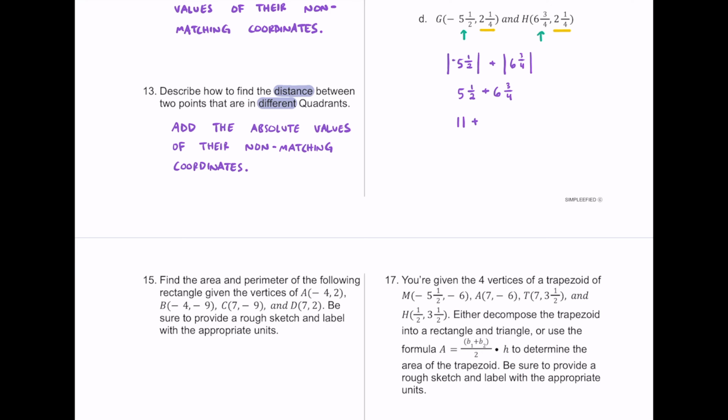Then looking at the fraction parts, 1/2 is the same thing as 2/4, and then we have 3/4. So 2/4 plus 3/4 is 5/4, and 5/4 is equivalent to 1 1/4. If we add this back in, it's 1 1/4 added onto that 11. So we should get 12 1/4 units apart.